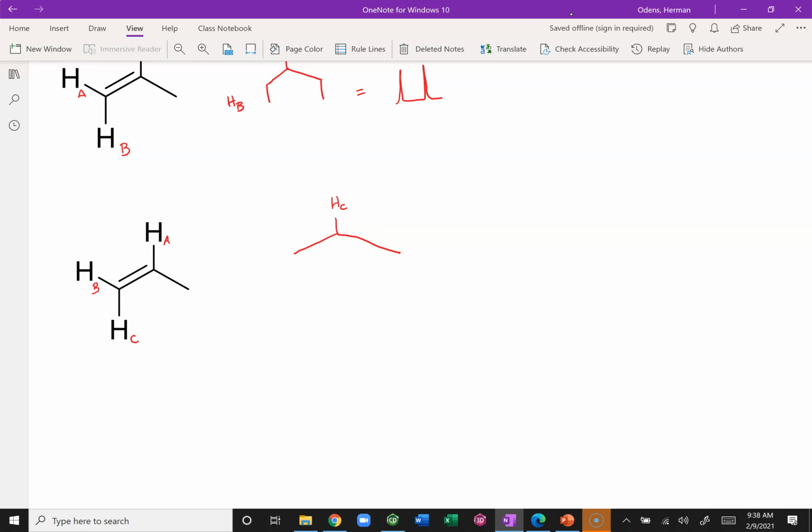And so because it's trans, it is expected to be over 10, so around 14. Let's pretend it's 14. So HC with respect to HA will be split twice, and it'll have a J coupling that's approximately 14.